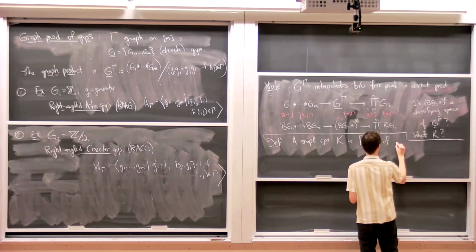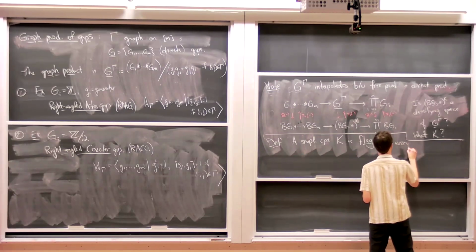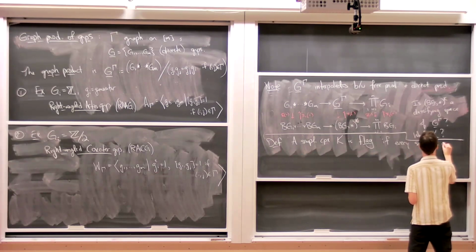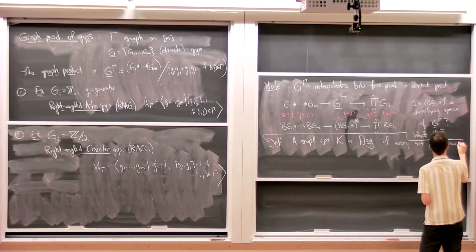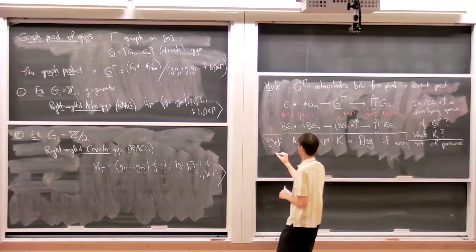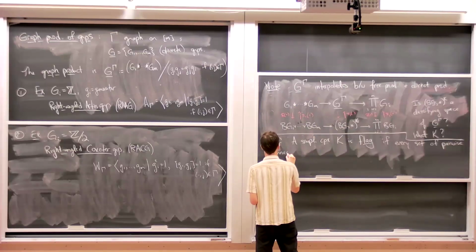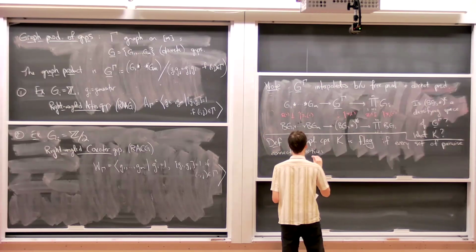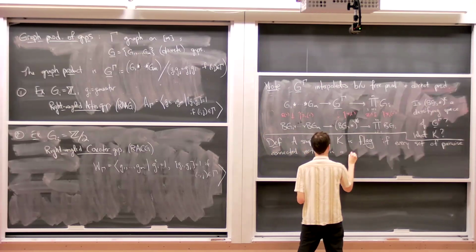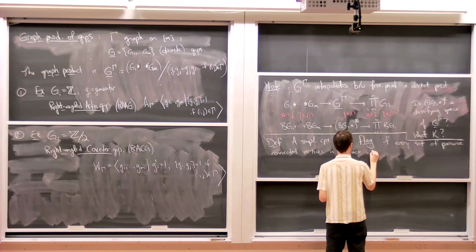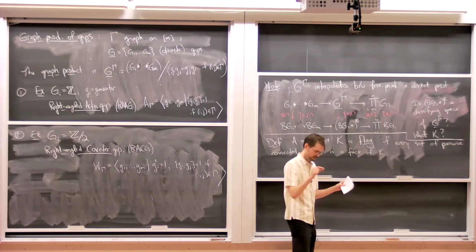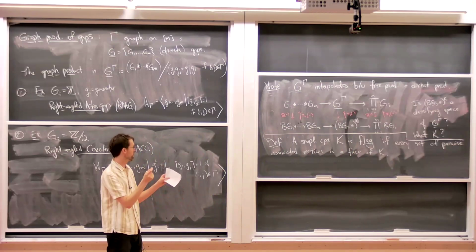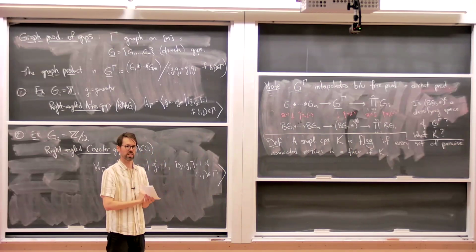If every set of pairwise connected vertices is a face of K. So whenever you find a bunch of vertices that are all pairwise connected by edges, the whole set will be a face of K.